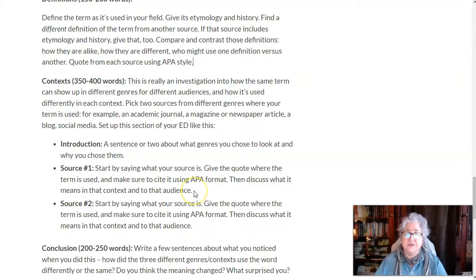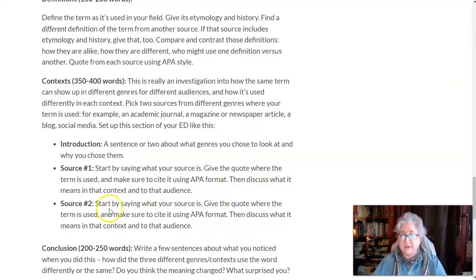Since I know that's a professional journal, I can say, well, people who read this probably already know what rhetoric means in the original term, and they're probably pretty aware of the secondary one too, because it's the field that they study. So we talk about that a little bit. They've ignored the empty language part in this one. They've only talked about it as something that we teach students, or how we analyze messages.